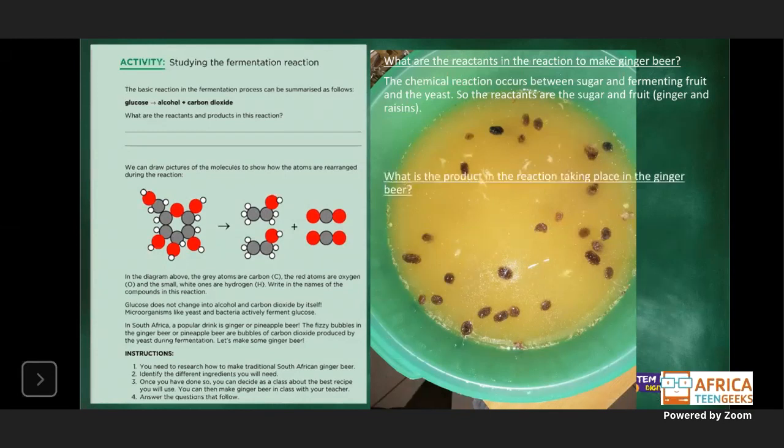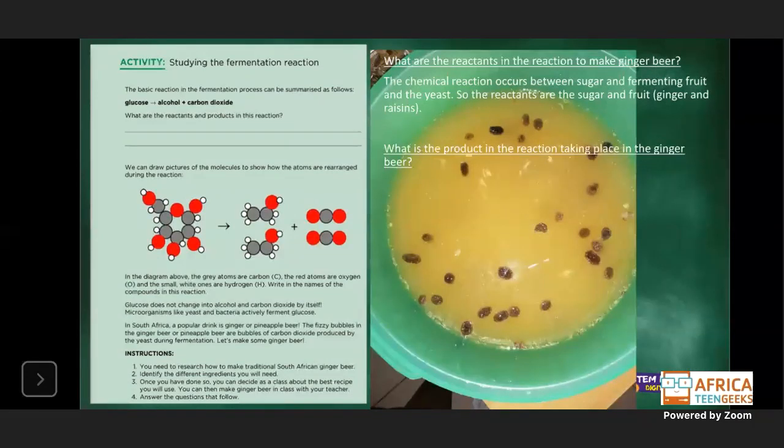Right, then the next question. What is the product in the reaction taking place in the ginger beer?